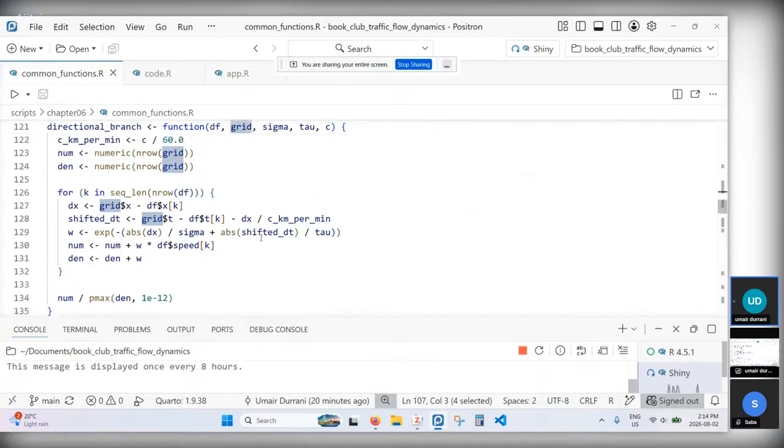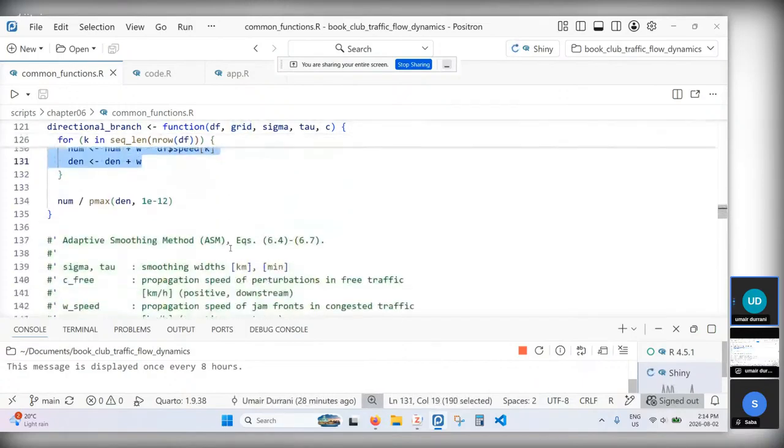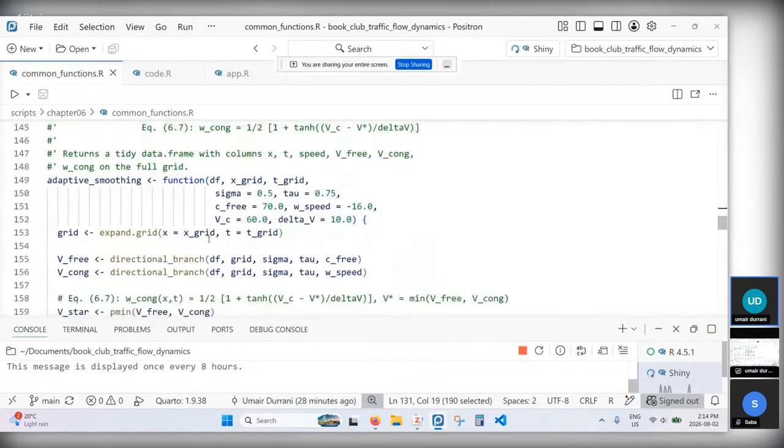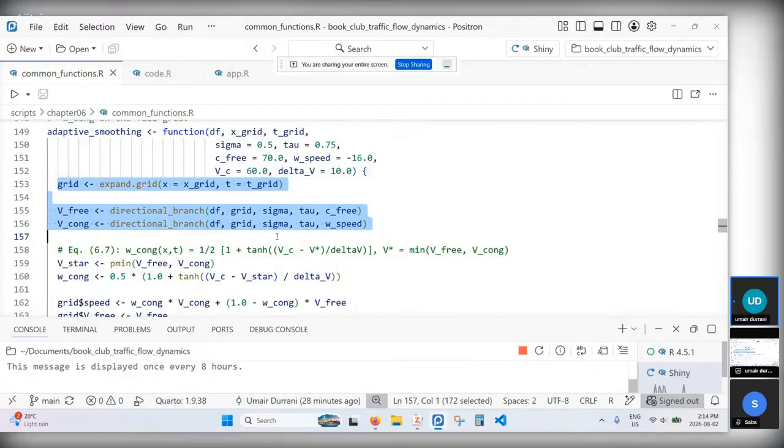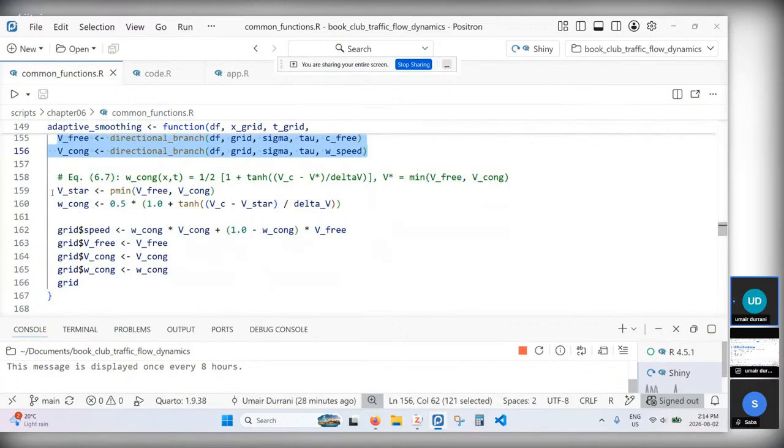And so for that, we are using the same equations as shown in the chapter. And then in the adaptive smoothing method, this is familiar now based on what we did in the isotropic method. We then estimate each branch and then do the summation, and we get this.